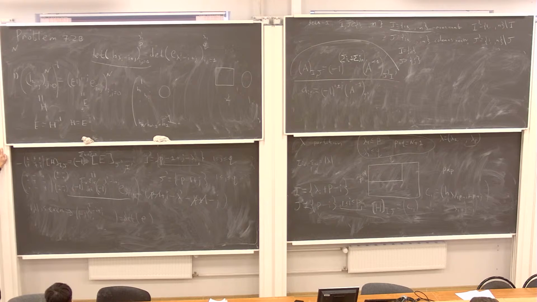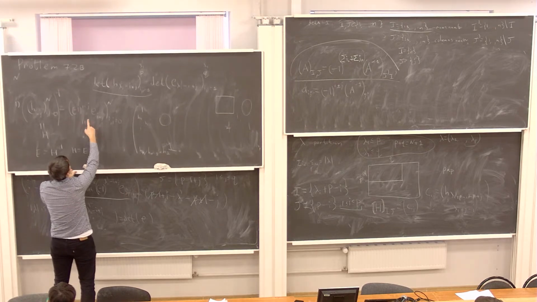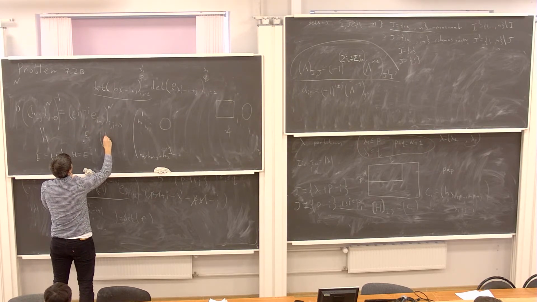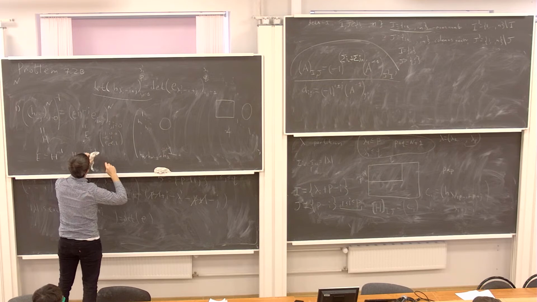No, that should depend on something. What you have here, let's say, is 1, minus E1, E2, 1, minus E1, 1, 0, 0. But okay, here it's always the same.